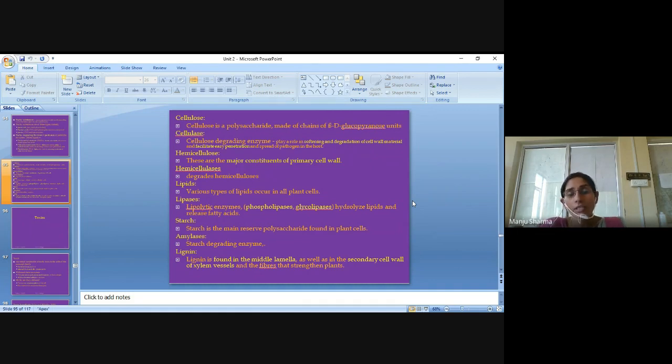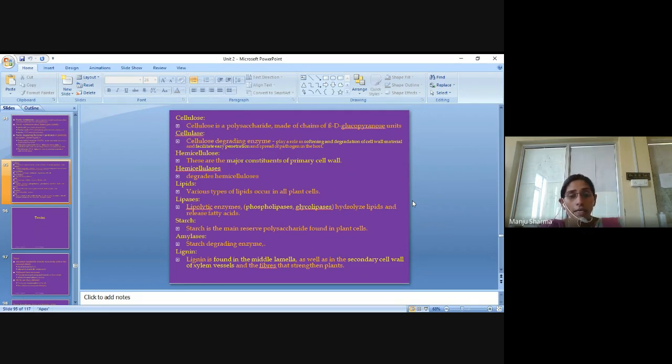Then starch is the main reserve polysaccharide found in plant cells. Polysaccharide means it is a carbohydrate, and it is a polysaccharide because there are more than 10 monomers.